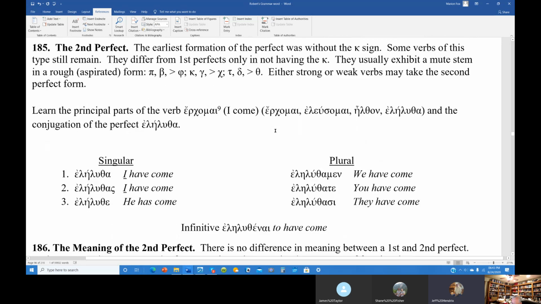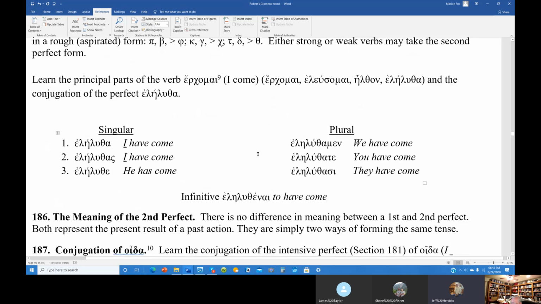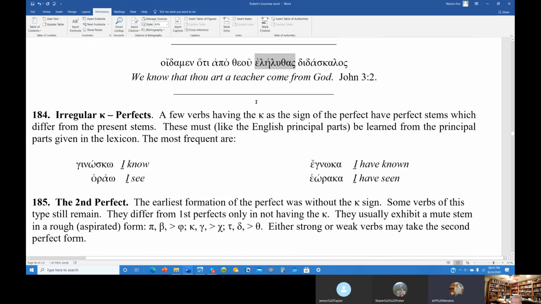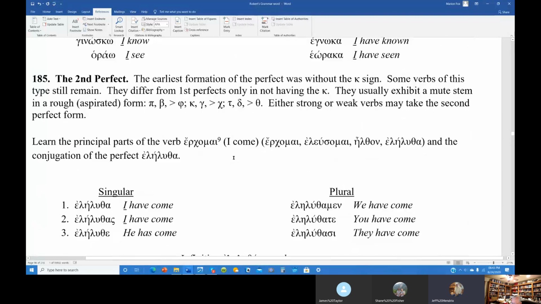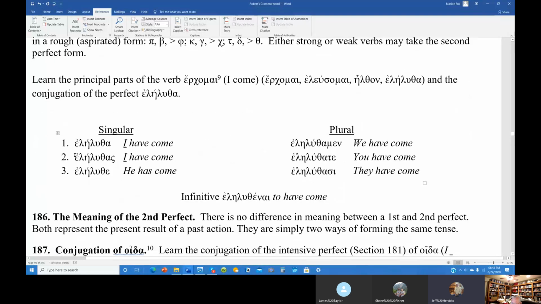We haven't introduced it yet, but it's down here with the word erchomai. It's from erchomai. And so you have come. This is incorrect here. This should be you. You have come. I'll correct it.